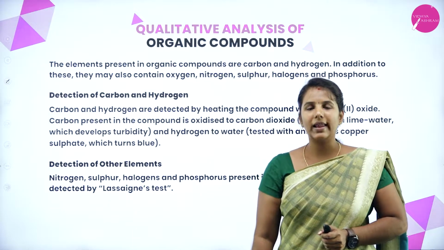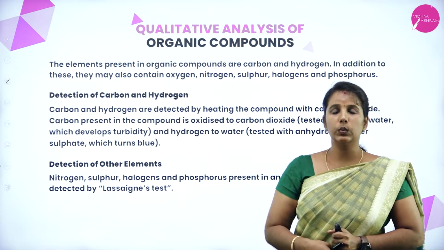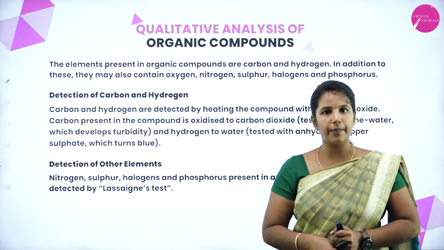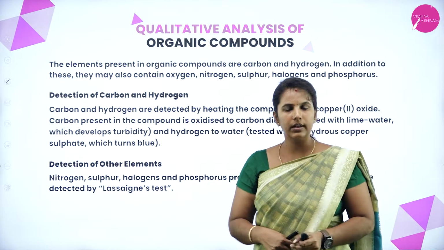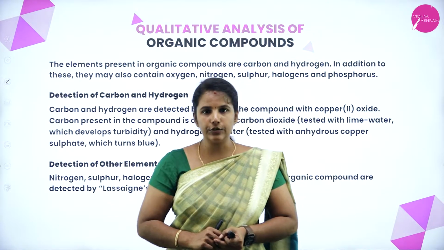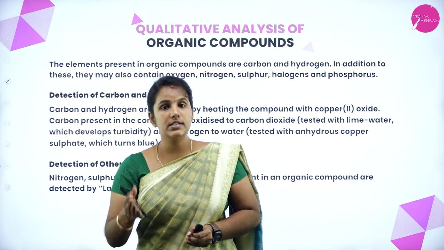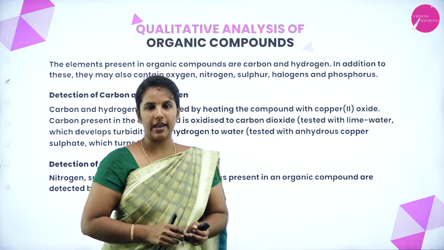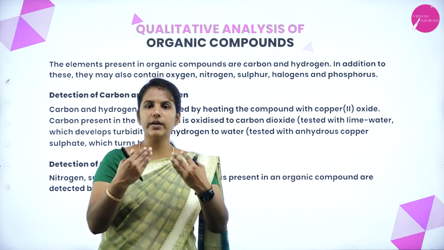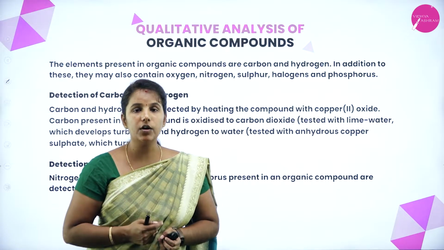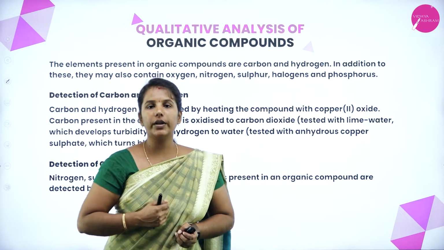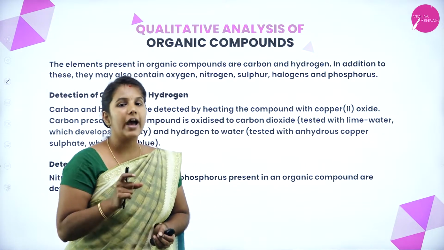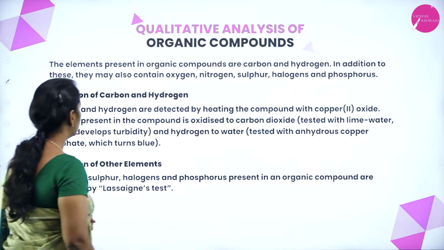So, the qualitative analysis of organic compounds tells about how we are going to analyze the given organic compound that contains carbon, hydrogen. In addition to this, if any nitrogen is there, sulfur is there or phosphorus is there, or if any halogen is there, which are the methods that we are going to select for that and how we are going to analyze it, that we are going to study in the qualitative analysis of organic compounds.